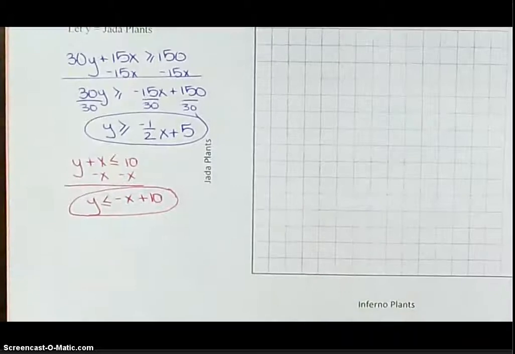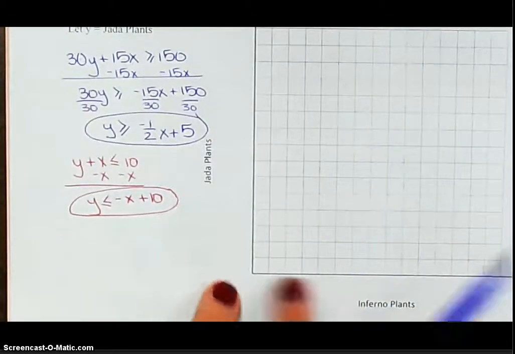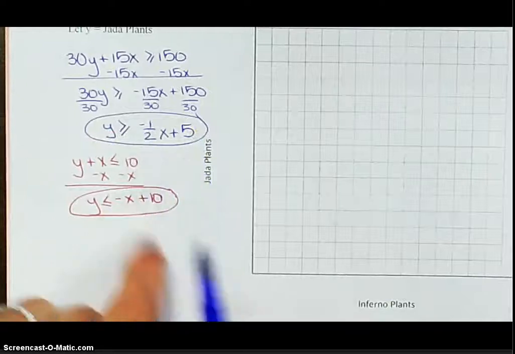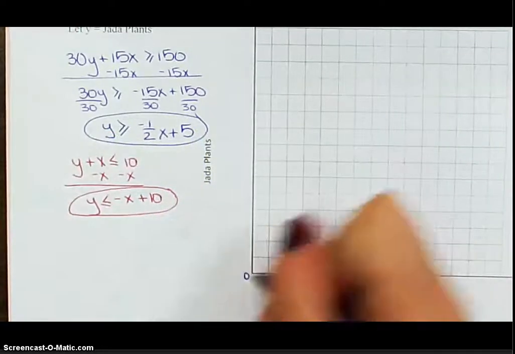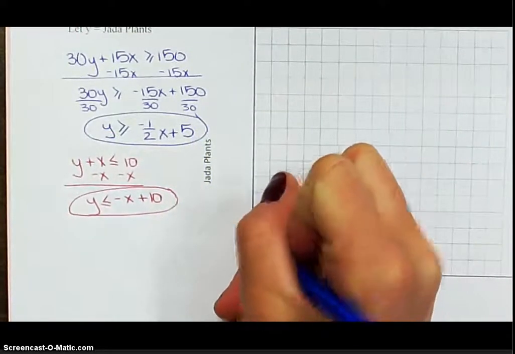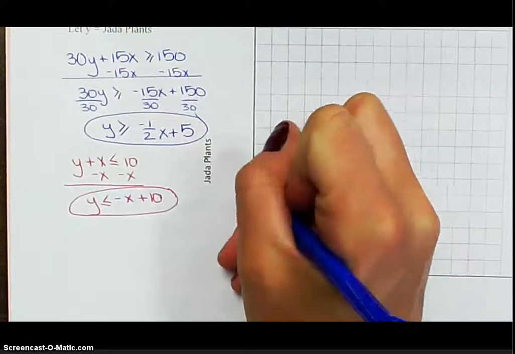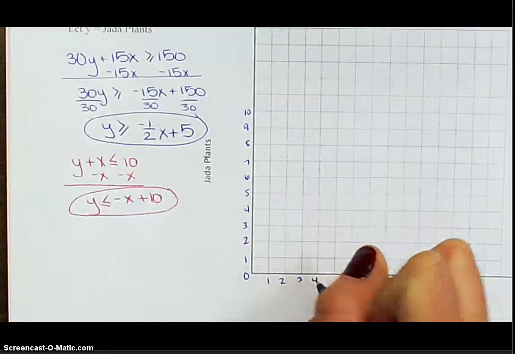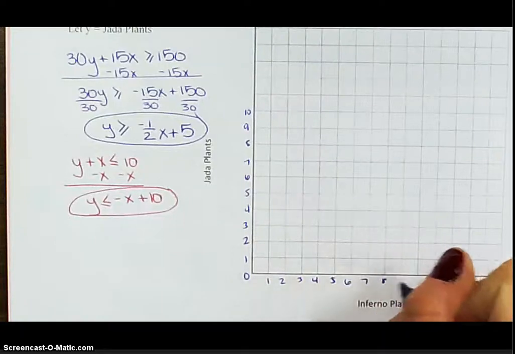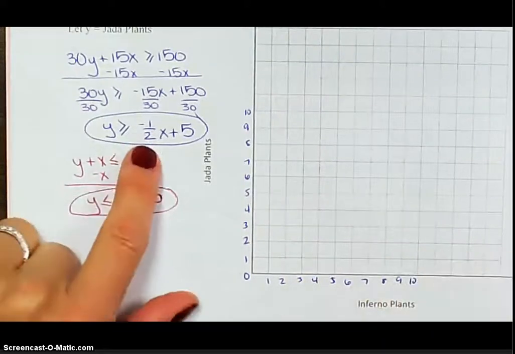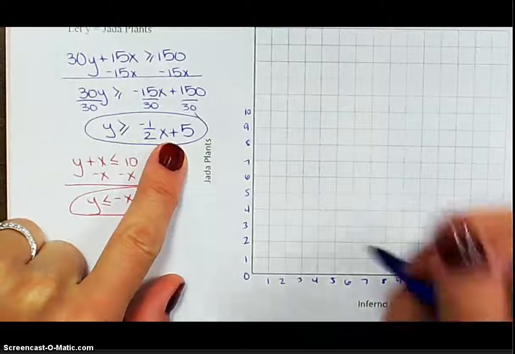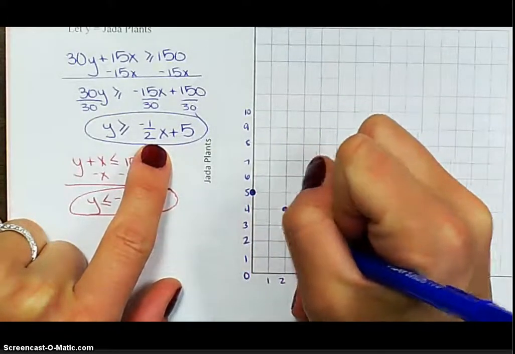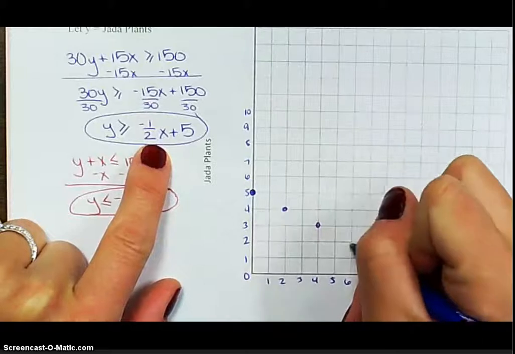Now we have to graph both of these inequalities. I already have my Jada and Inferno plants labeled. If I look at my slopes and y-intercepts, neither one is very large, so we can use a scale of 1 going up our y and x axes. My first inequality starts at positive 5, and we go down 1 over 2, down 1 over 2, down 1 over 2.